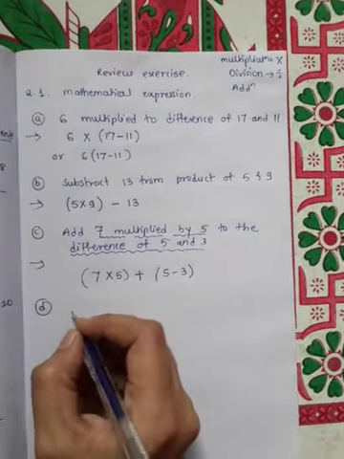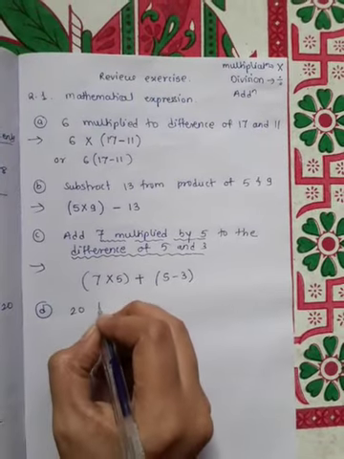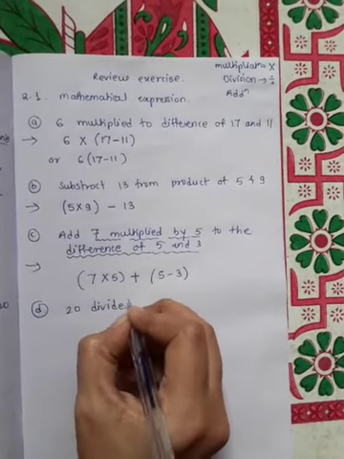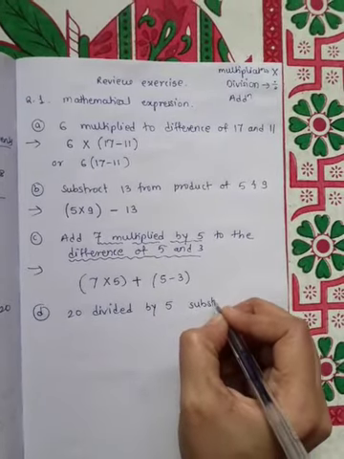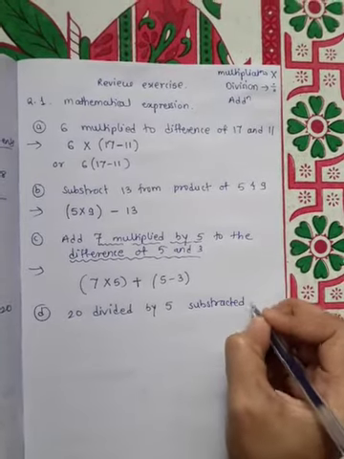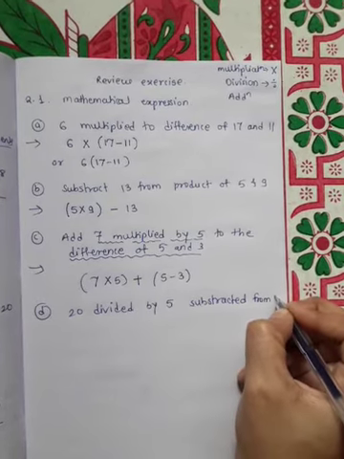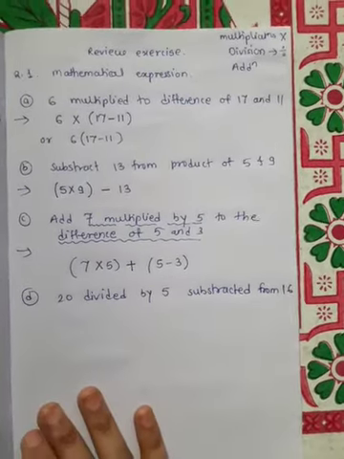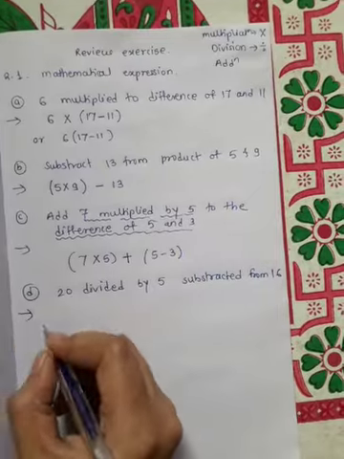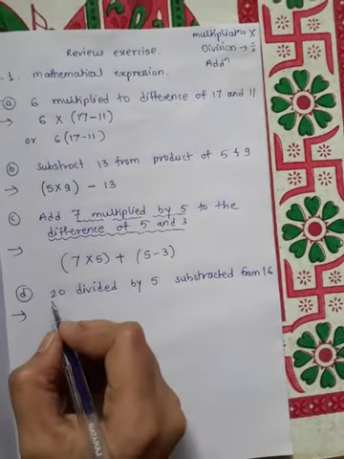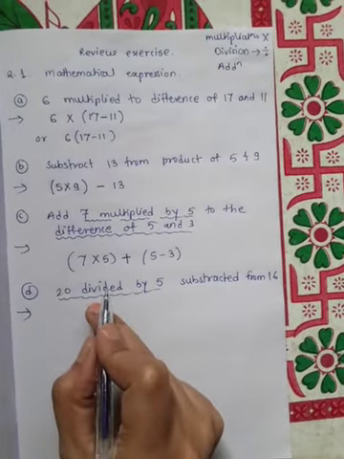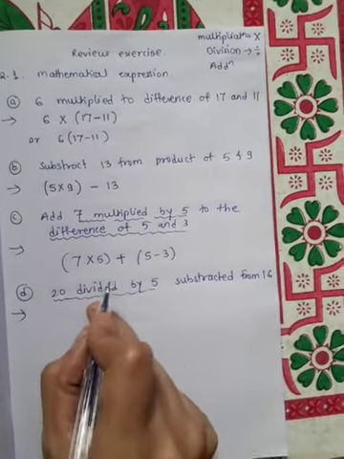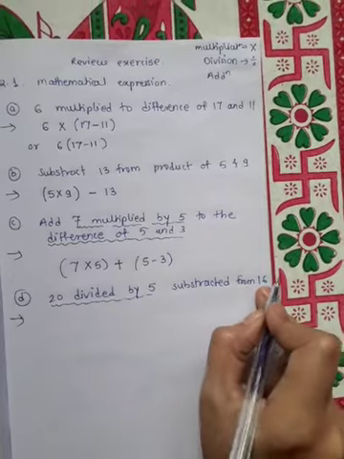Now see number D: 20 divided by 5 subtracted from 16. Here, 20 divided by 5 is one term, and this term is subtracted from 16.